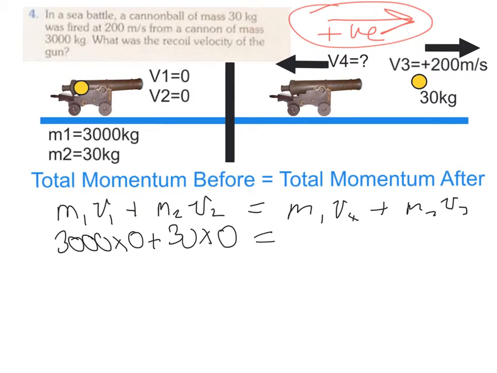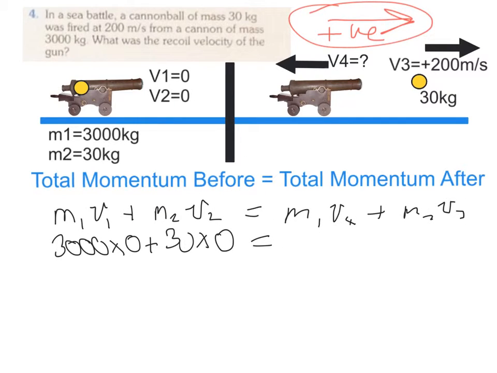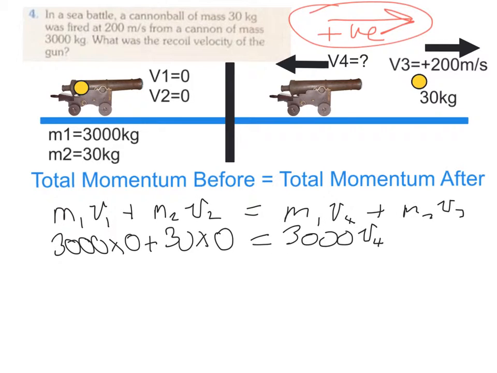And then we have 3,000 v4, and we're adding to that 30 times plus 200.